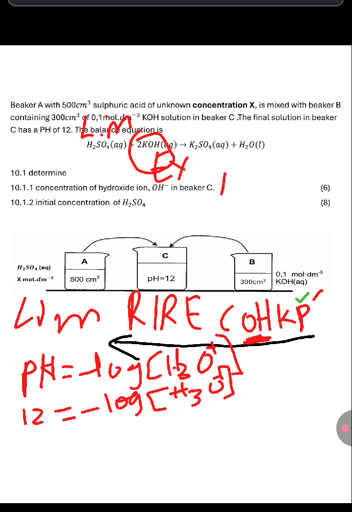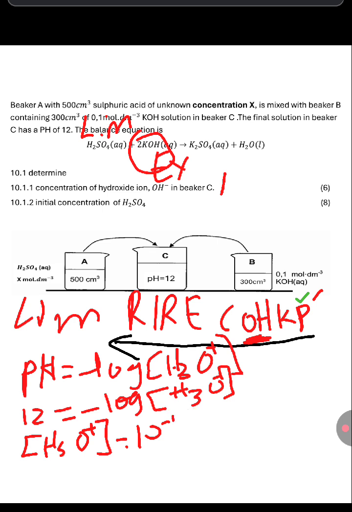To make the concentration of hydronium ions the subject of the formula, I'm going to say concentration of hydronium ions is equal to 10 to the power negative pH. But we already know what our pH is.